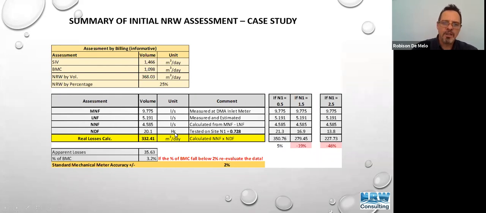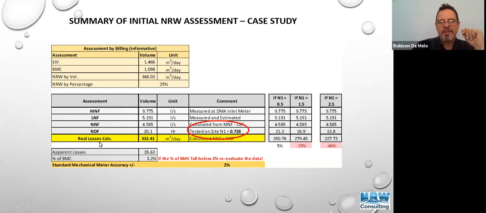Using the tested N1 of 0.78, we get a night-day factor equal to 20.1 hours, giving us 332 cubic meters per day of real losses.